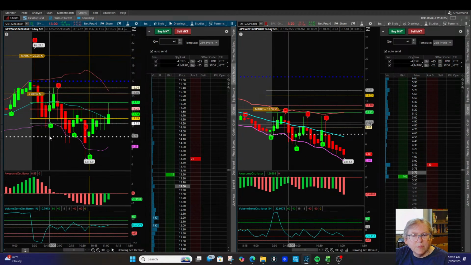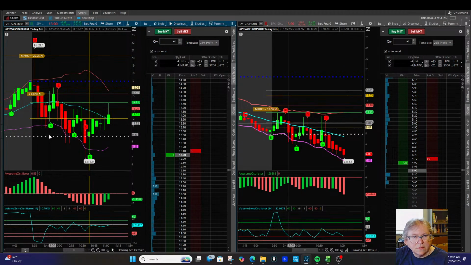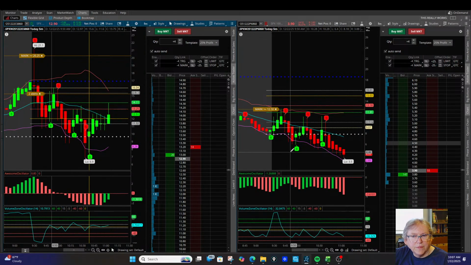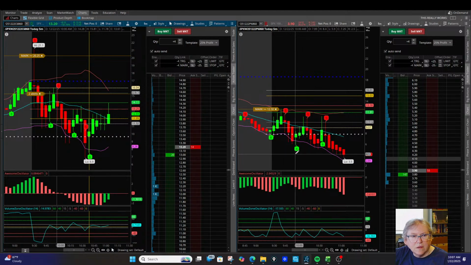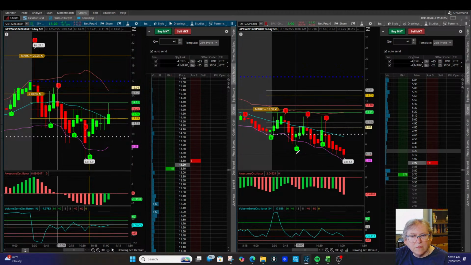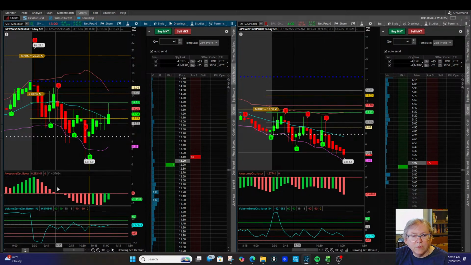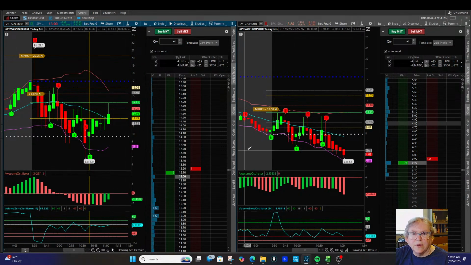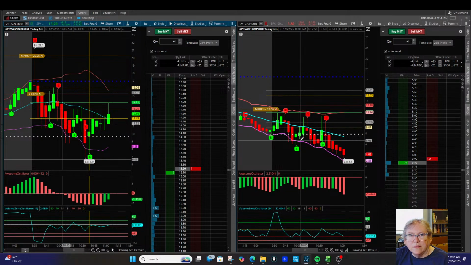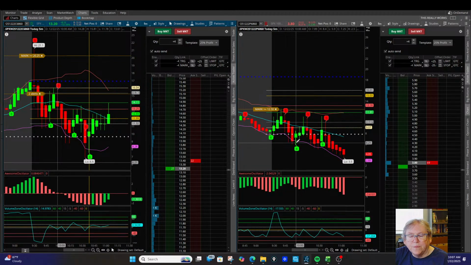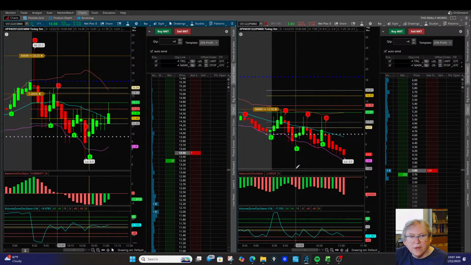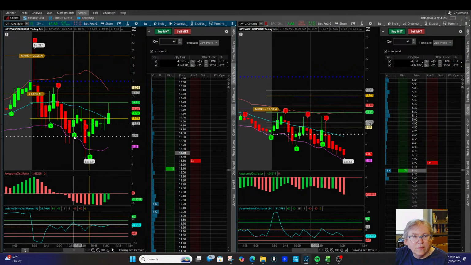And to recap, we had a buy signal here in calls, a red candle. Buy signal in puts. Excuse me, that was a green candle, but a red bar on awesome oscillator. On the puts, we had the buy signal, but the awesome oscillator again was red. Come back over here.